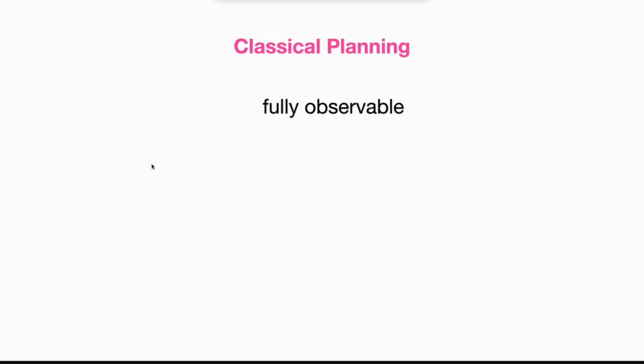So classical planning makes some assumptions. We haven't really talked about these, but it's useful just to get a sense of what they are. Classical planning is a problem which is called fully observable. Fully observable means that our planning agent always knows the complete state of the world.